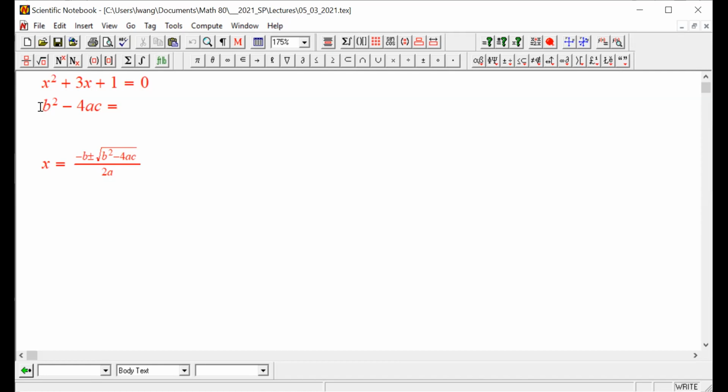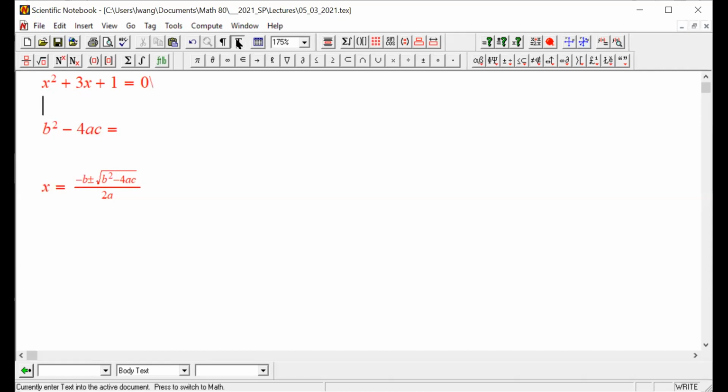For example, if we have b squared minus 4ac here, in this case a equals 1, b equals 3, and c equals 1. So we have 3 squared minus 4 times a times c. C is 1. So we end up with 9 minus 4 equals 5.